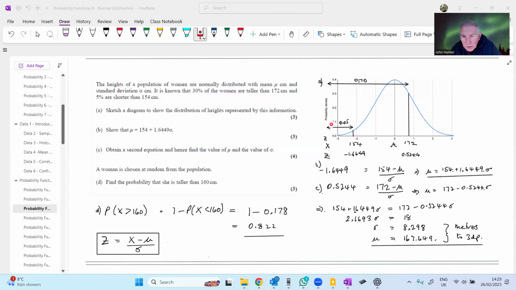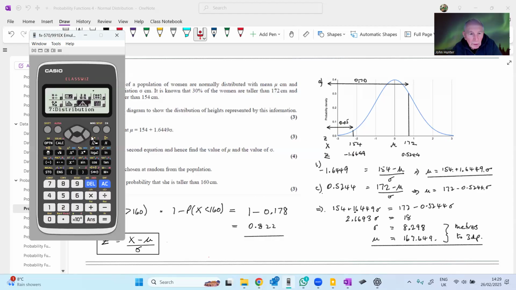When we think about this now as being our standard normal curve, the random variable value that goes with this 5% is something we can look up. We can go into our calculator, look at the inverse normal, and we're looking at an area of 0.05 and looking up the Z value.